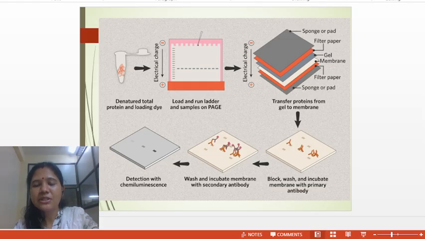We then transfer it onto the membrane, treat it with the primary antibody, and then incubate it with the secondary antibody, which is linked with an enzyme, and finally we can detect the presence of the antigen or the protein.